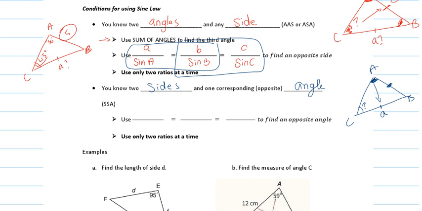We will look at an example. It will make more sense when we look at examples. But in this case, because I'm looking for the angle, my formula changes a little bit, and then it flips. So it becomes sine A over A equals sine B over B equals sine C over C. Okay? Because I'm looking for an angle in this case.